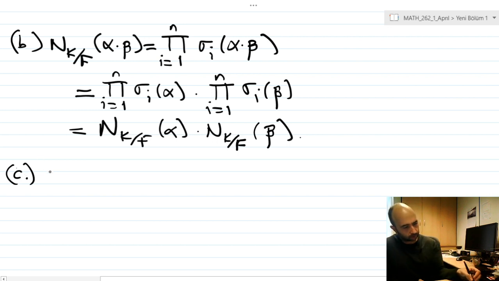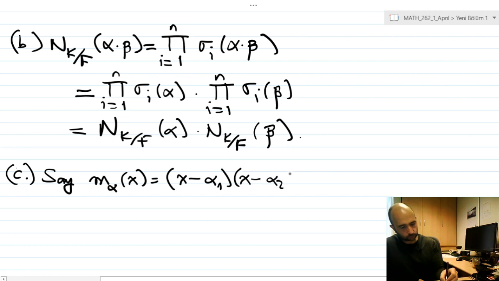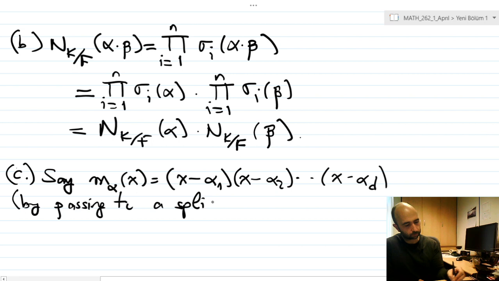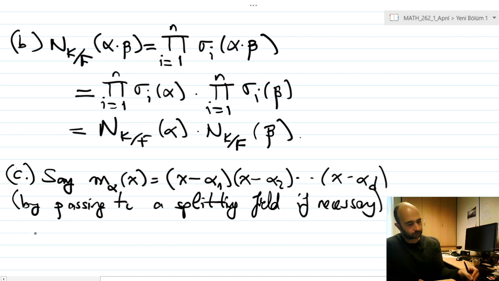Say m_alpha of x is (x minus alpha 1)(x minus alpha 2) up to (x minus alpha d), by passing to a splitting field if necessary. And alpha is the first of these roots.